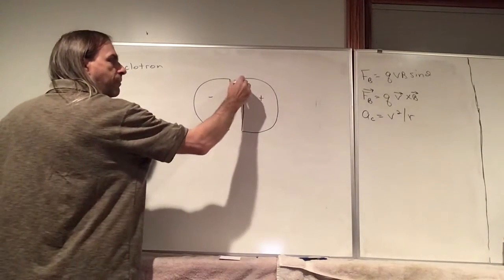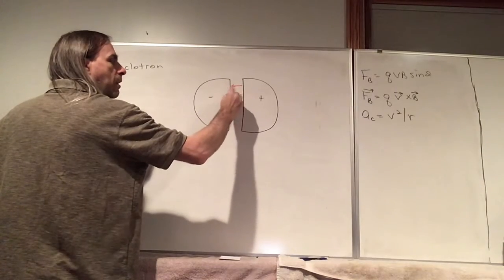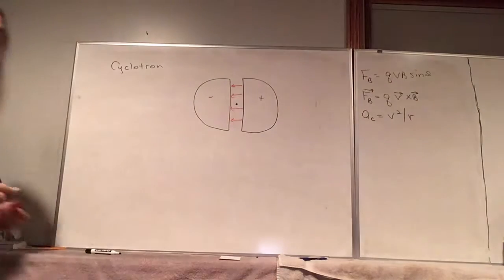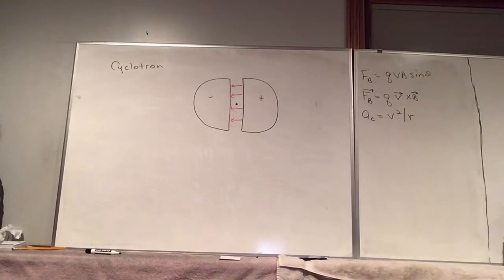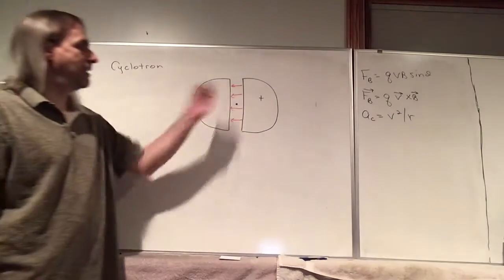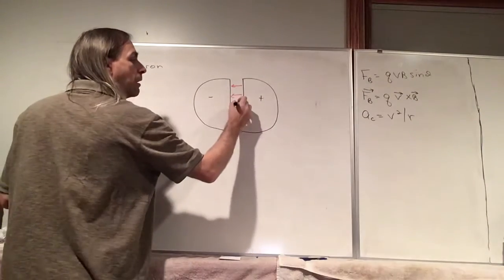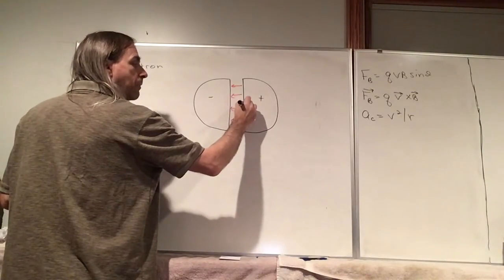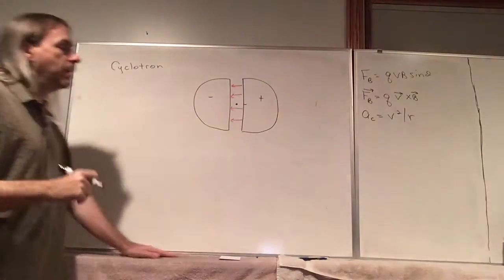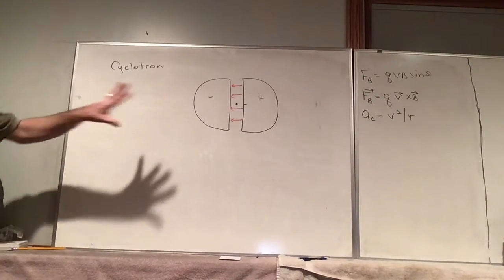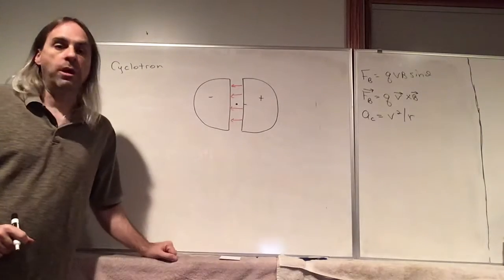Now, we have to consider which type of particle we're dealing with, if it's a positively or negatively charged particle. It works the same for either. Let's say this is an electron, so it's going to accelerate over to here. Say we have a magnetic field that is perpendicular to the board.